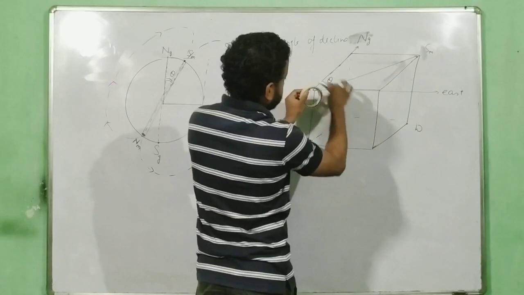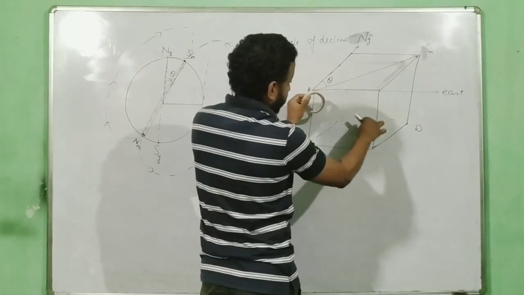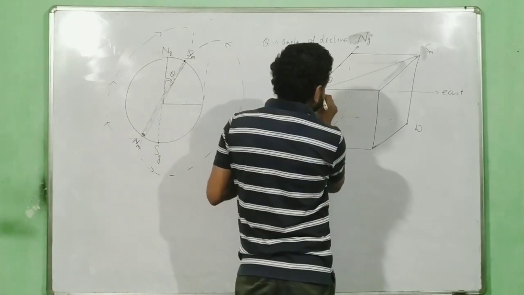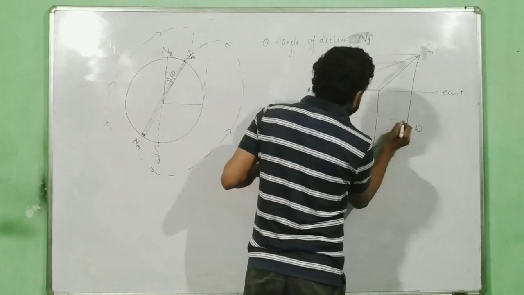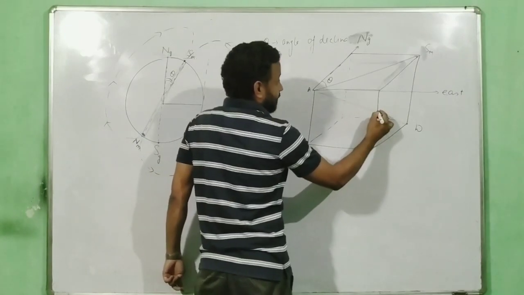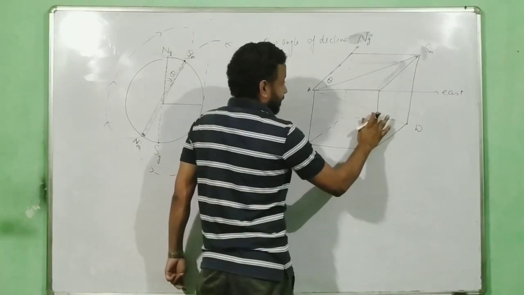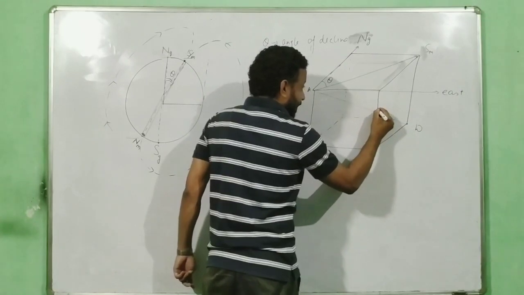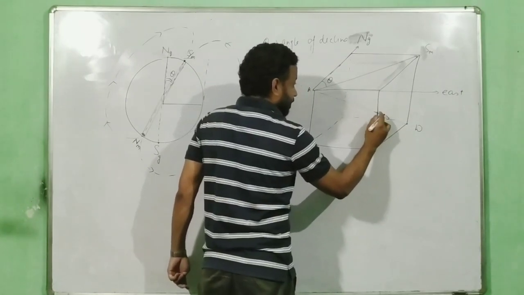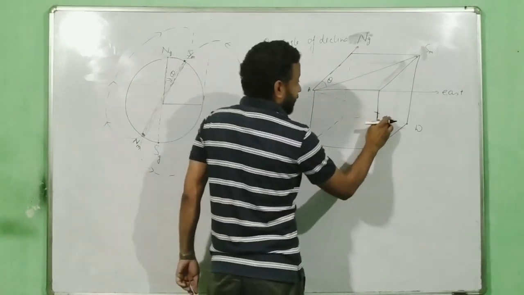The field is coming like this, so the tangent points in this direction. If I consider a tangent pointing in this direction, then I will draw a line which will touch A and D. Remember, this is touching A and D, the volume diagonal.